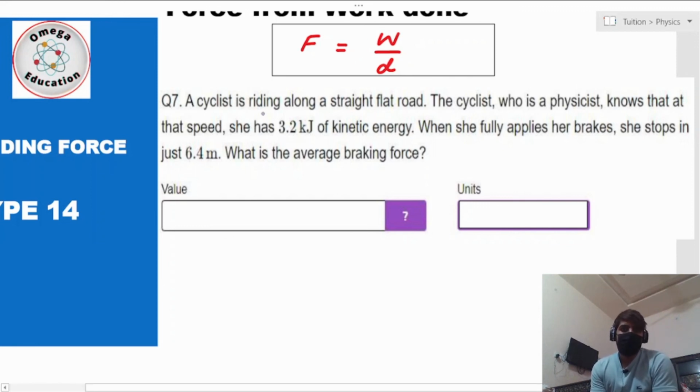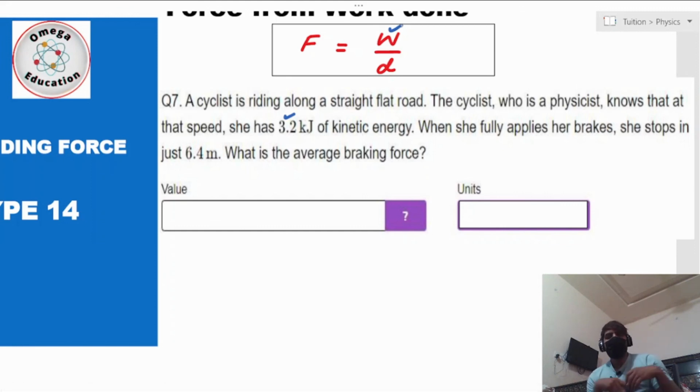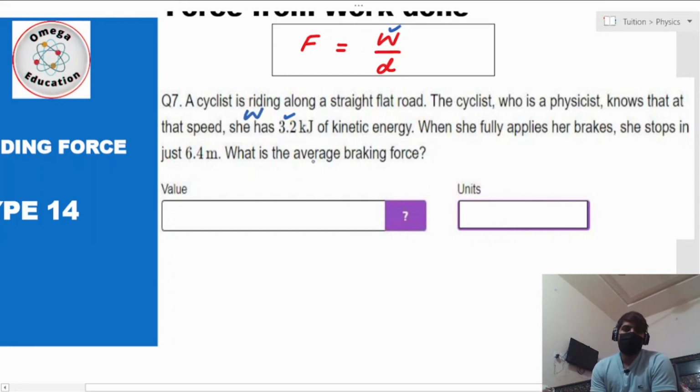So energy and work done in that case mean the same thing, because they are measured in the same unit first of all, and the amount of energy that you have would define how much work you're able to do, right? So if energy of 100 joules is transferred to a body, that means you're doing a work of 100 joules to that body. So the work is given as 3.2 kilojoules, but first of all you can convert kilojoules into the standard unit joules, which would be 3200.